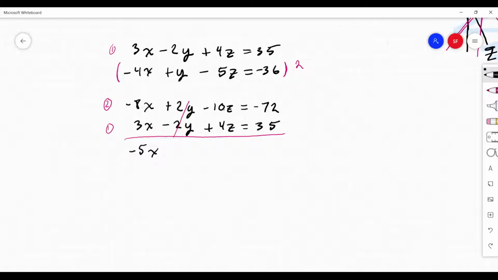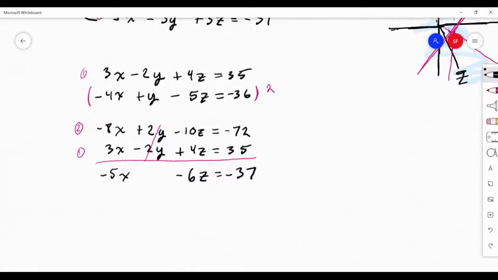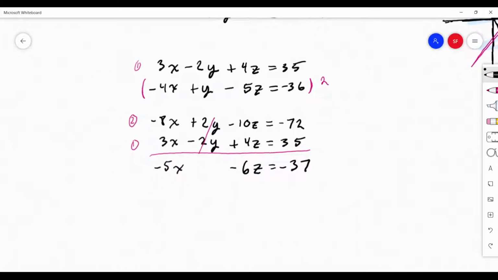And then negative 10z plus 4z is negative 6z equals, and then negative 72 plus 35 is negative 37. All right, so now we have a 2-variable equation. I'm going to label this one as 1 plus 2.